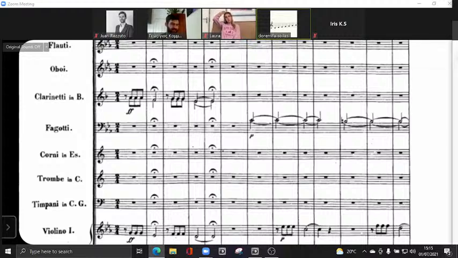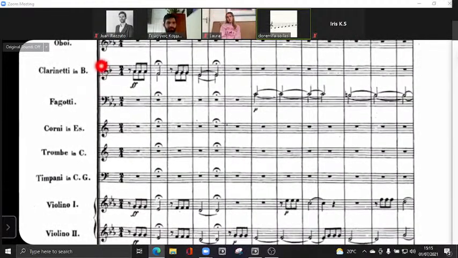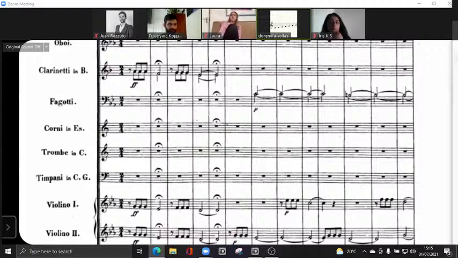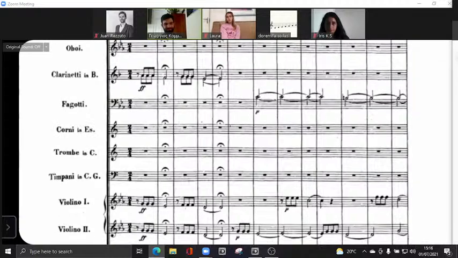But if you think about what this means, for example, the clarinet, and you see the lines of the violin, then you realize that this is written a major second higher. Maybe you don't know the German notation, but you can also tell by the key signature. Yes, for the clarinet, you have to keep in mind that here we have one flat. Yes, cool. Okay, thank you. You're welcome.